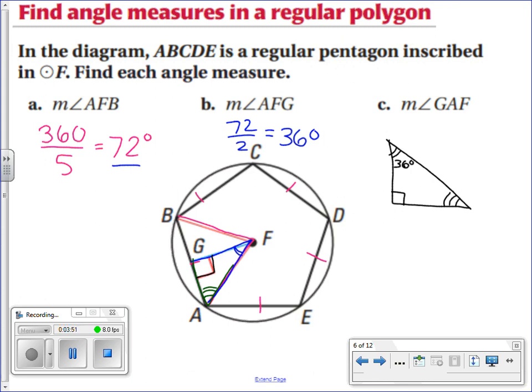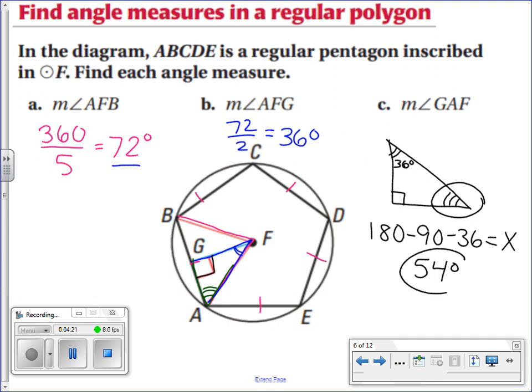So to find this angle then, I need to first know that all angles add up to 180 degrees. Then subtract 90 from the total. Also subtract 36. That will give me my angle measure for angle GAF. And I plug that in, I end up getting 54 degrees.